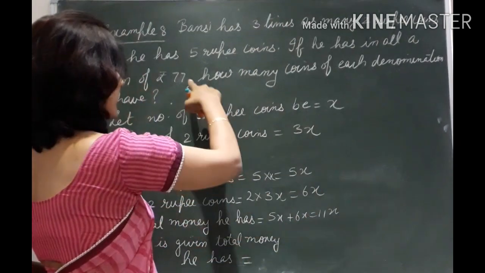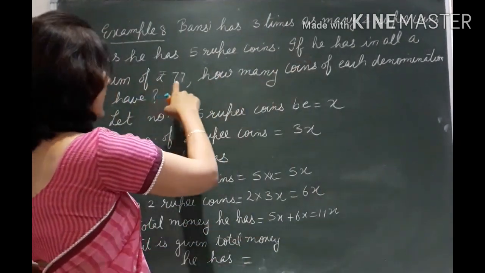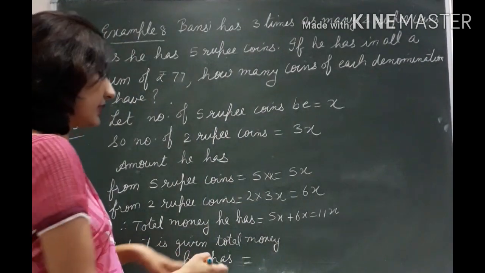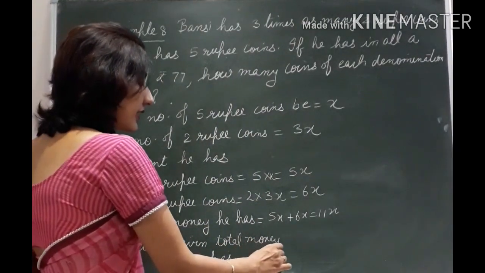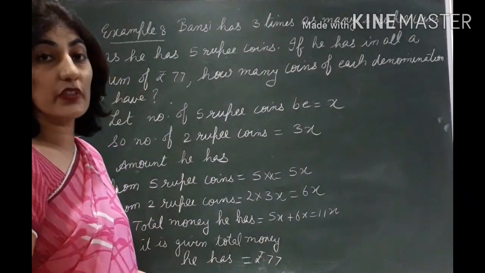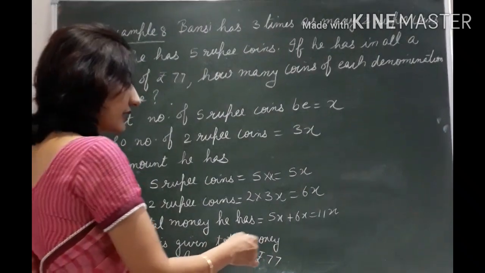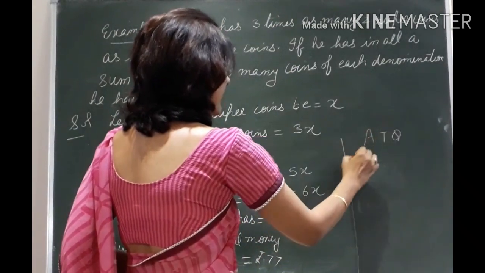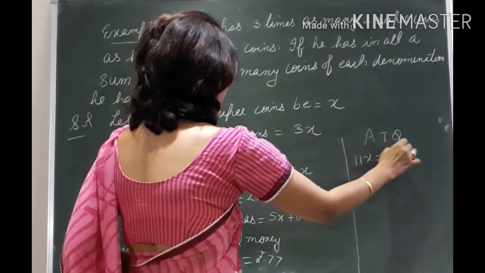But in the question it is said that he has in all a sum of rupees 77, so it is given that the total money he has is rupees 77. How many coins of each denomination he has? So according to question, the equation will become 11x equals to 77.